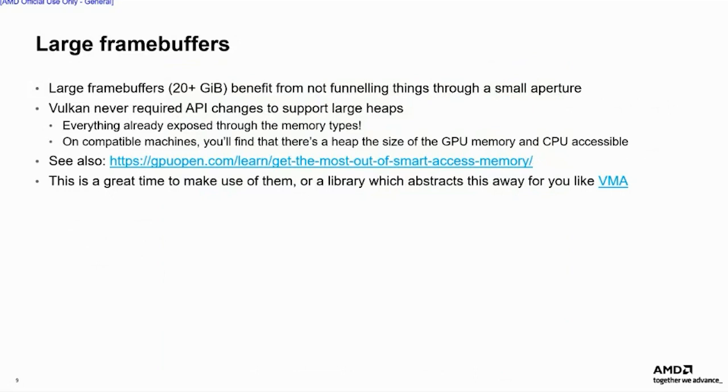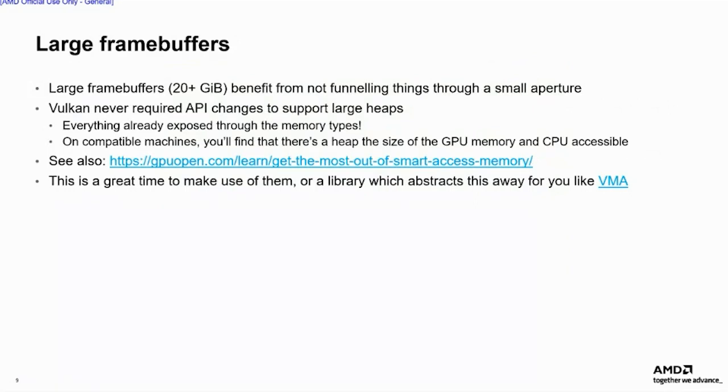So back in the old days, there used to be a very small BAR, like 256 megabytes, and everything you wanted to shuffle to the GPU had to go through this one. That becomes very inconvenient if you want to have everything bindless, everything permanently mapped and so on, right? Because with 256 megabytes, where your frame buffer is 20 gigabytes, 1% is mapped constantly.